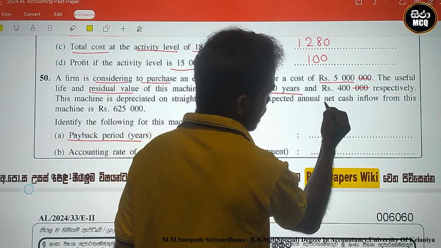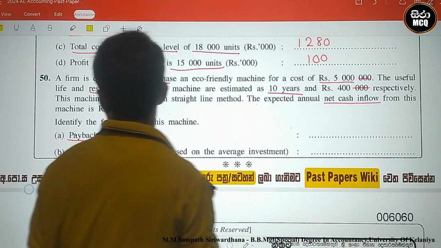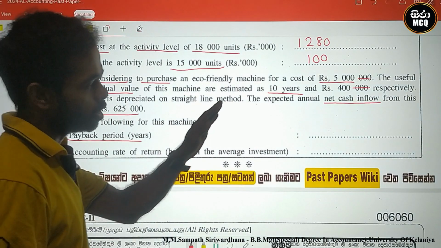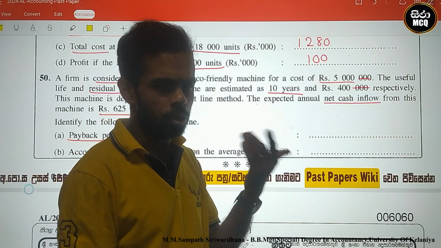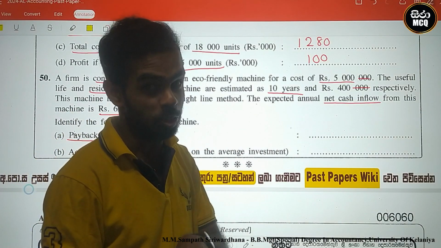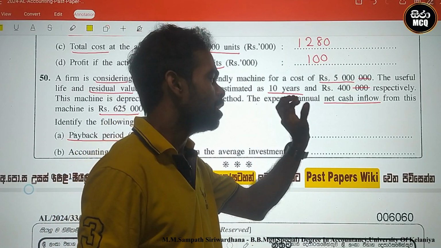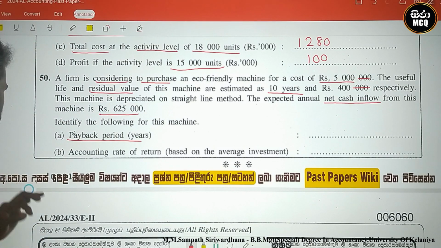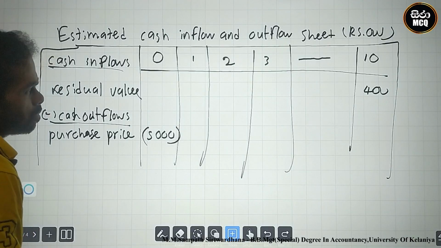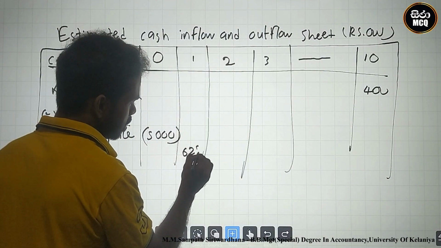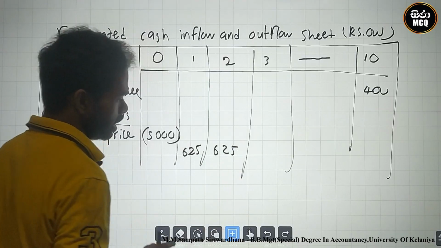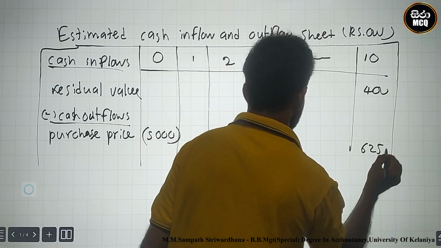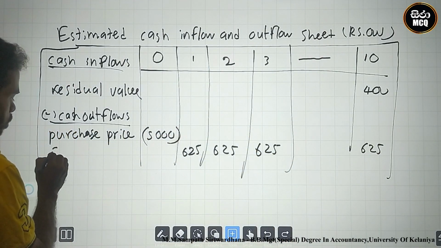The expected annual net cash inflow from this machine is 625, for all years except year 0. So the annual net cash flow is 625 every year up to the 10th year.